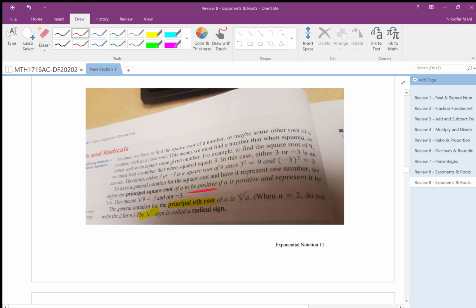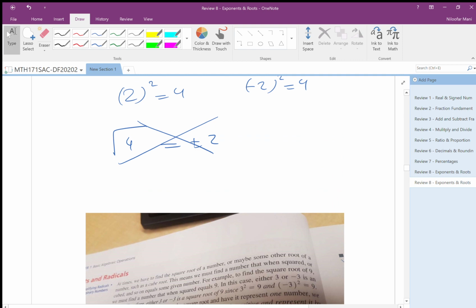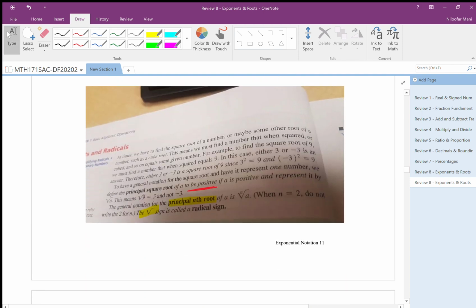If you go to your book, if you purchase Wiley Plus, you go to your book, I think it's page 18 or 20 that you can see. You can see that radical 4 is 2 and radical 4 is not minus 2. Look at here. Radical 9 is 3 and is not minus 3 because I define radical to be positive.